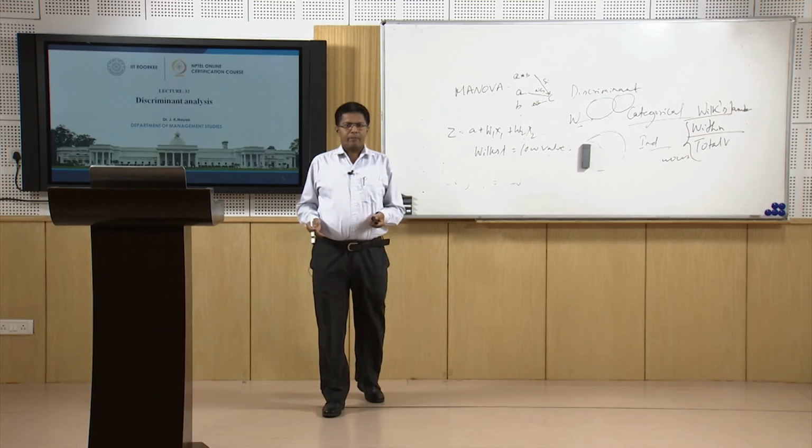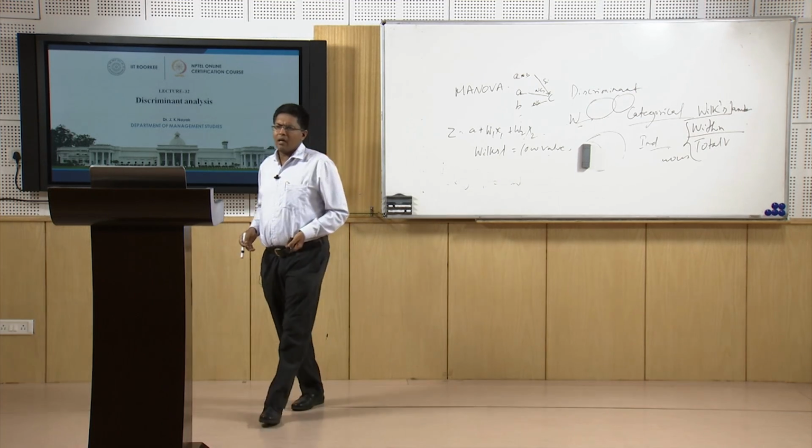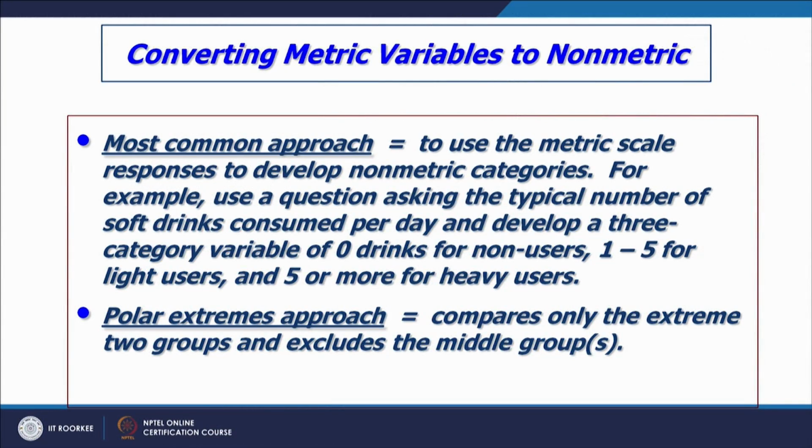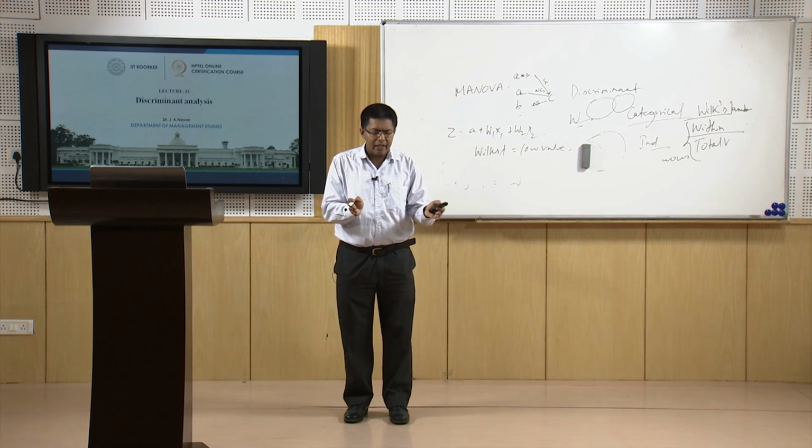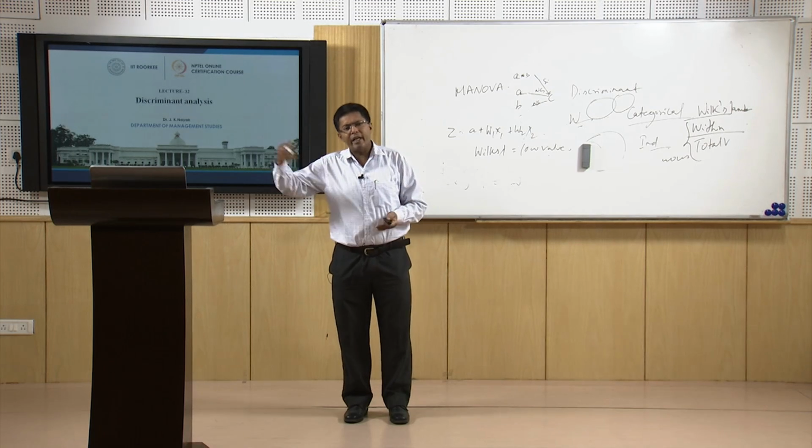The other approach we use is called the polar extreme approach. Polar extreme approach is where only 2 groups are used and the middle one is excluded, so it is only a 0 or 1. That means you do not have the 5 to 10 lakh group from the earlier case, so either 0 to 10 and 10 and above.